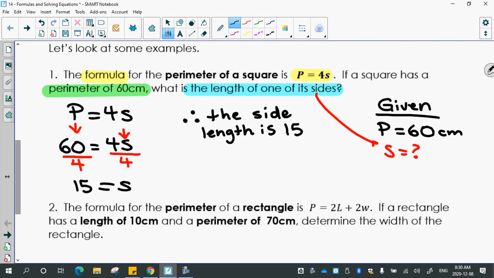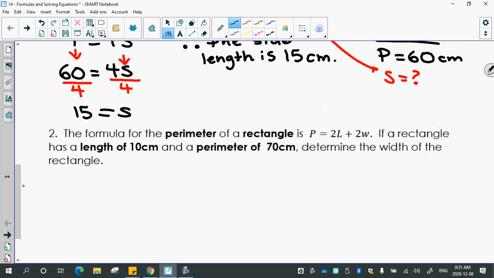That would get you almost all the marks in the question, but if there's units in the question, there's units in the answer. So if the perimeter is in centimeters, then the length of one of the sides would also be in centimeters. So that question would probably be worth 4 marks, 4 out of 4. Write down the formula, substitute the number or numbers they give you into the right spot, solve for the remaining one, and write your sentence.